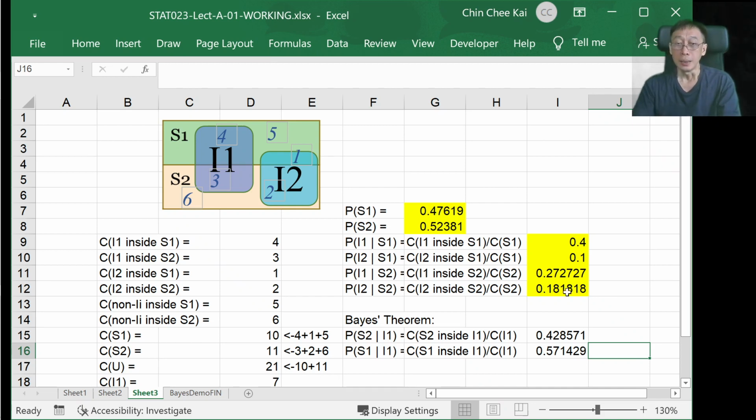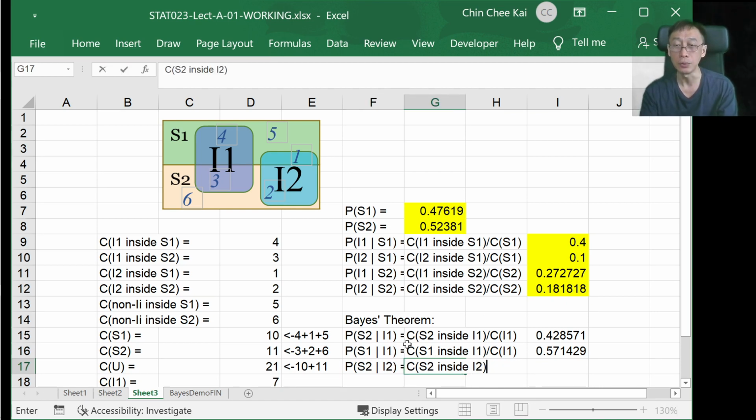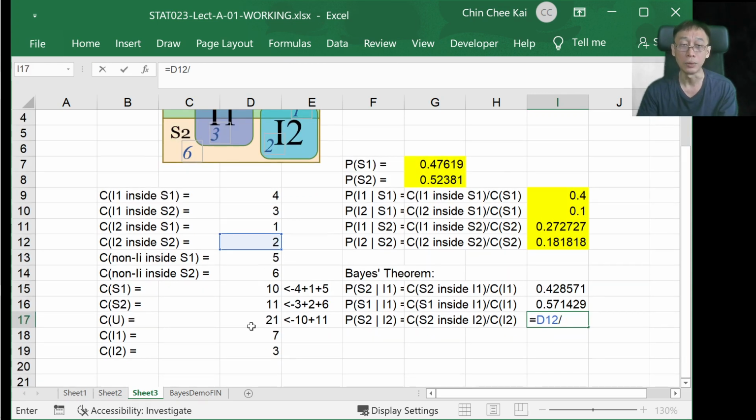Now, why don't we finish them all? P of S2 given I2. Count of S2 inside I2 divided by count of I2. So that's going to be this one, I2 inside S2 divided by count of I2. So luckily we have that.